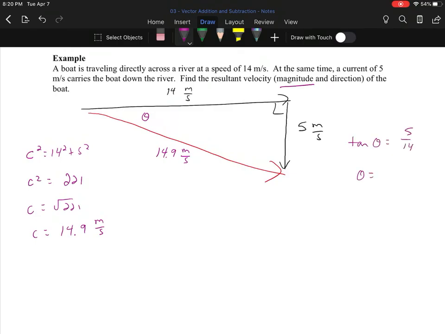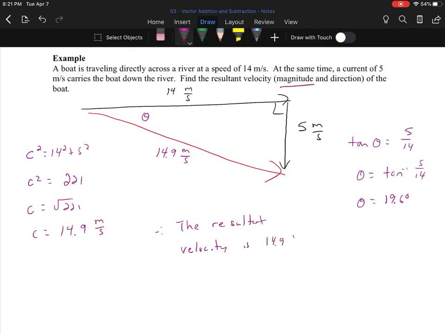So they wanted magnitude, but they also wanted direction. So to get the direction that's been pulled off here, I'm going to go tan theta equals opposite over adjacent. So I need the tan inverse of 5/14. So here we go, tan inverse 5/14, and I get 19.6 degrees. It's been pulled 19.6 degrees off course.